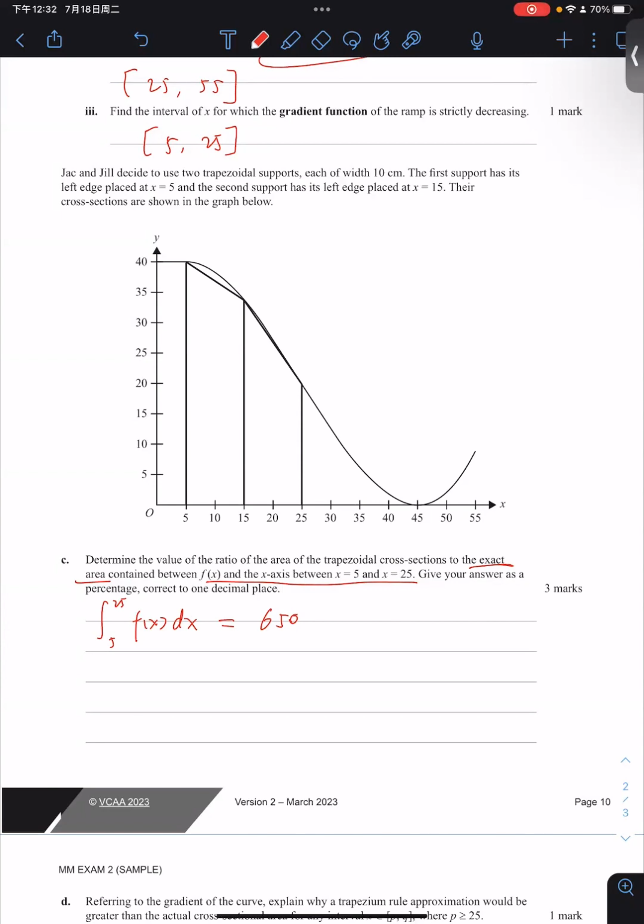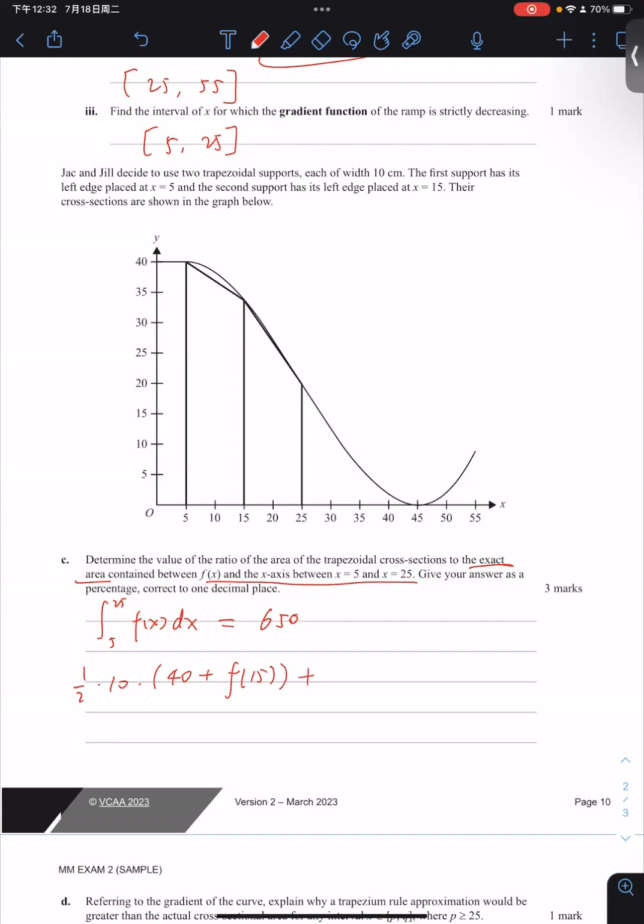And also we need to find out the trapezial cross-section. How many trapezium we have here? 2 of them, right? So each of them would be half times the height times the sum of the top and the bottom, the base sides, all right? So for the first one, that would be half times 10 times 40 plus f(15), all right?